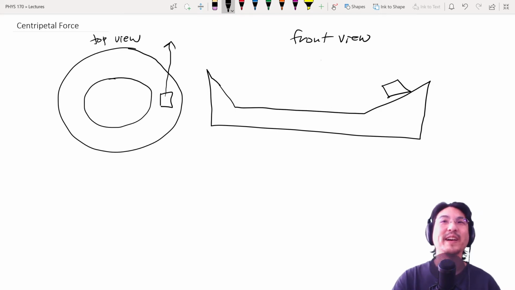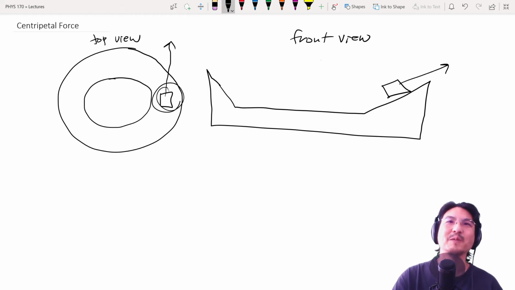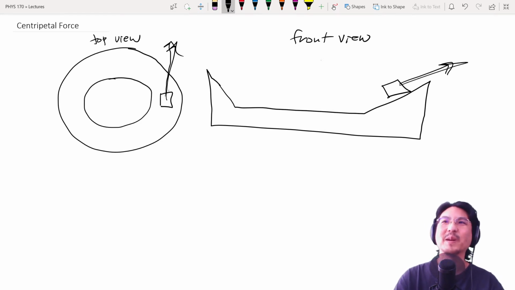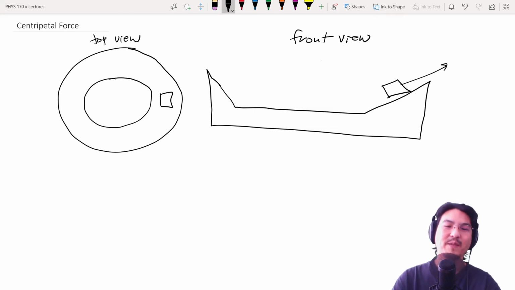We're trying to turn left, but we can't. There's not enough friction between the tires and the road, so you run off the track this way. So if you're going slow, you're falling down the ramp and friction has to be this way. If you're going really fast, you tend to run off the track and friction is this way.